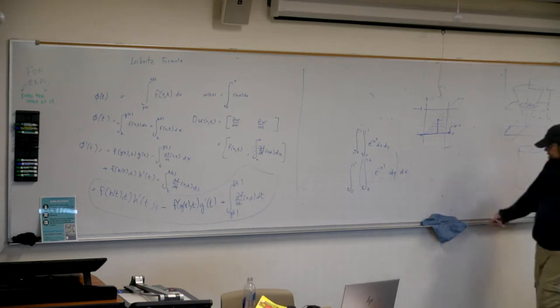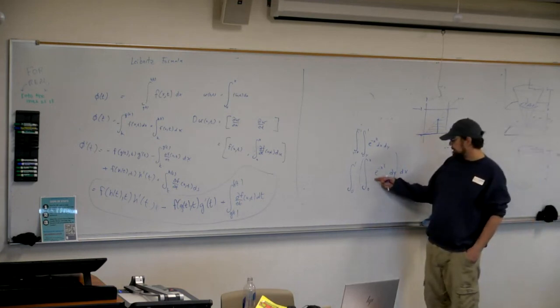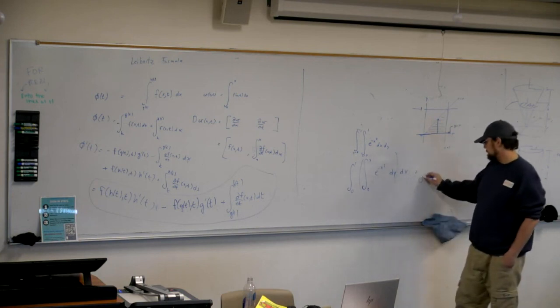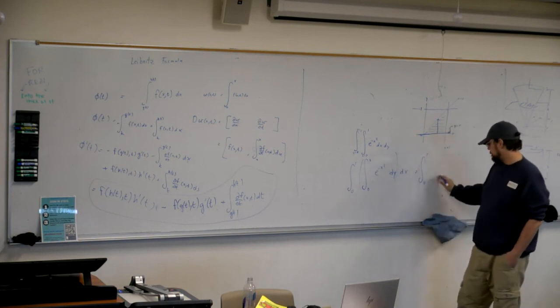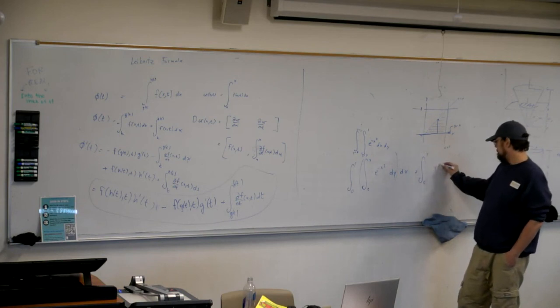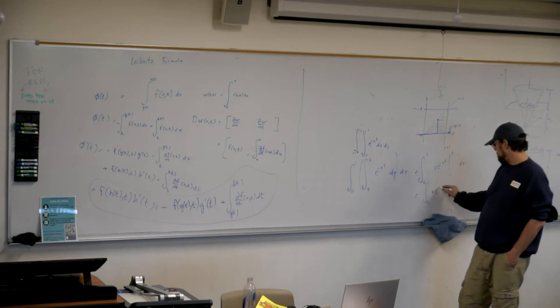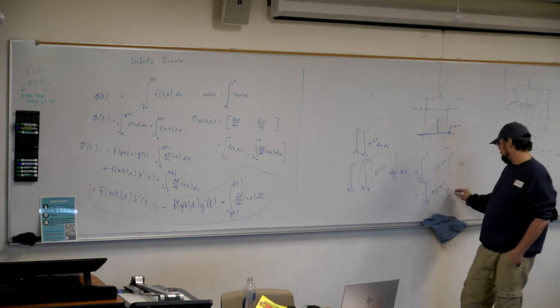But now the idea is that this antiderivative with respect to y is easy. It's e to the negative x squared times y, and the bound is from 0 to x. So then you plug in the upper bound and the lower bound.